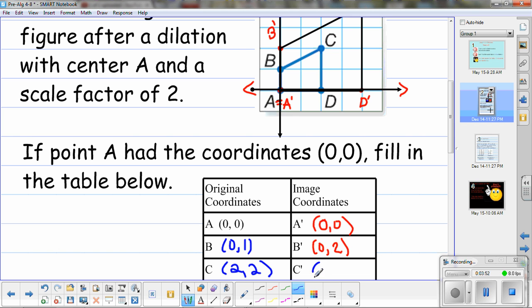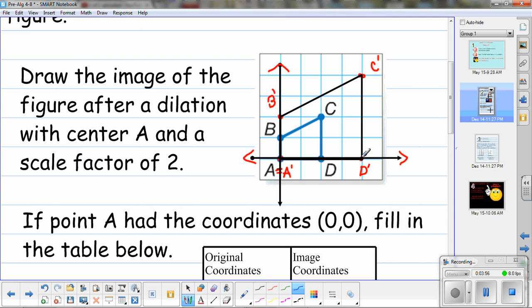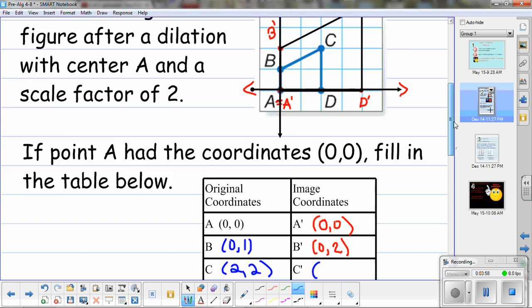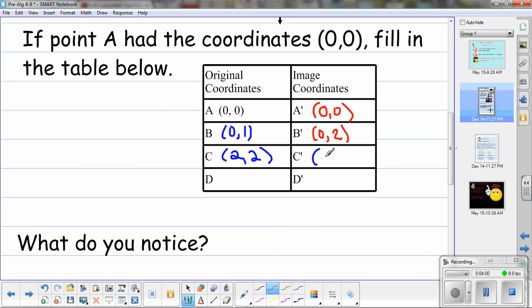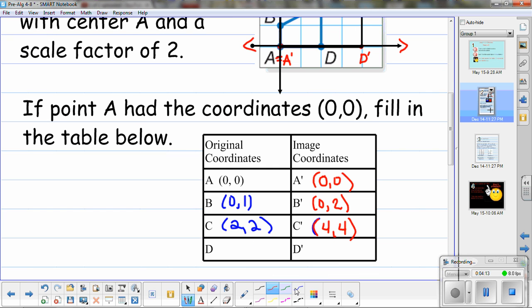C prime is at 4, 4. And then D was at 2, 0. And D prime is at 4, 0.